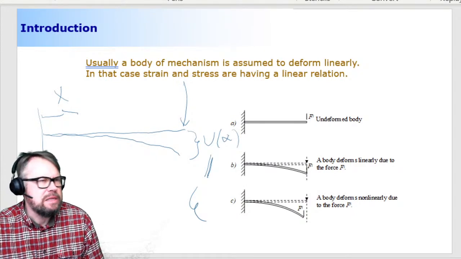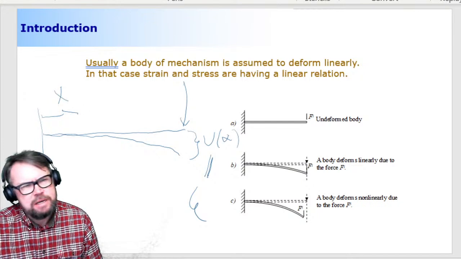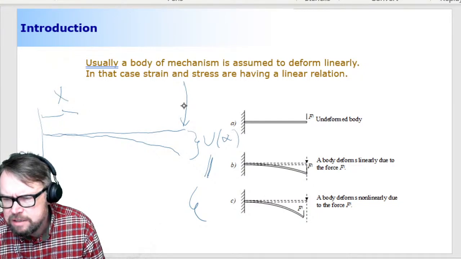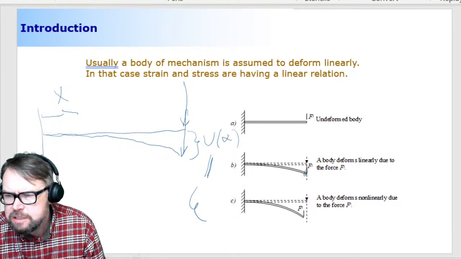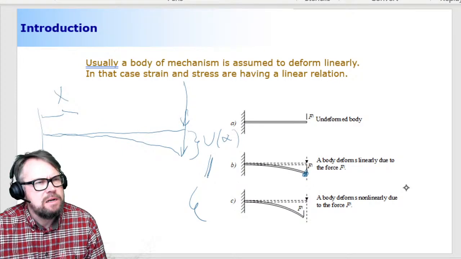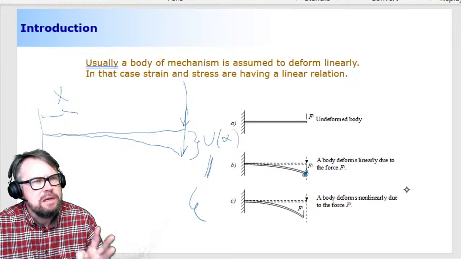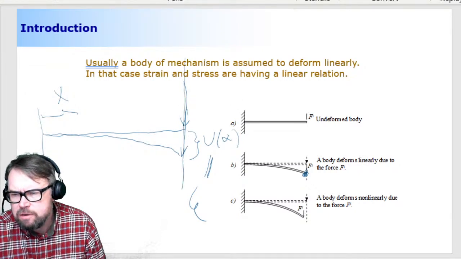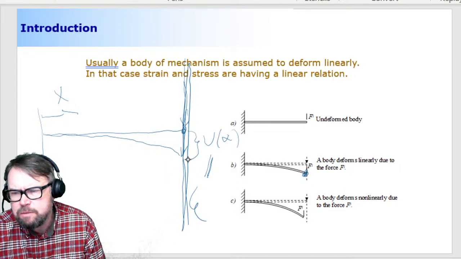This comes with a limitation, and the limitation becomes clear if we look at what happens to this cantilever beam when we load it a little bit like this. It's important to notice that the free end of the cantilever beam remains in the loading line. If the loading line is here, this is where the original free end of the cantilever beam was.